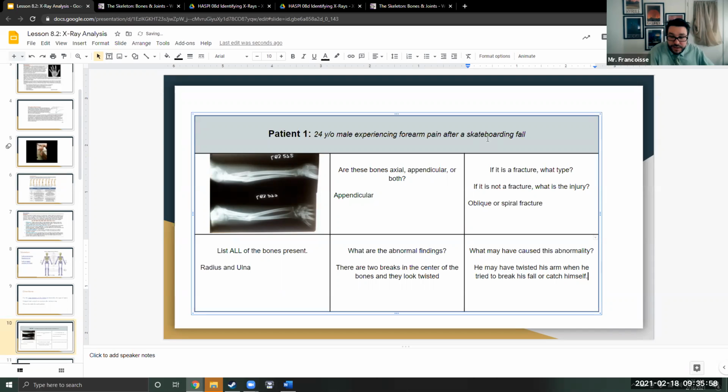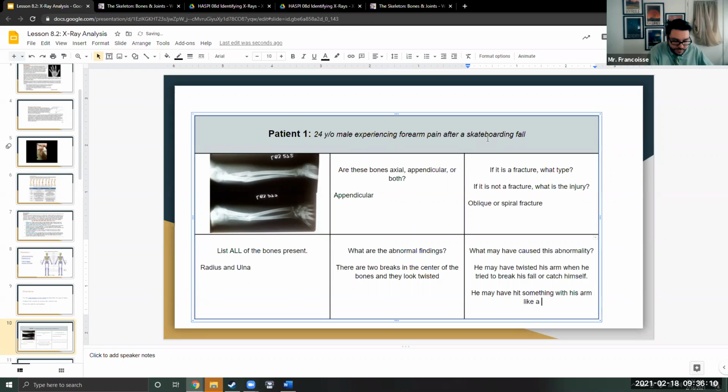Falling on his arm, he may have hit something with his arm, like a curb or something, a planter, or concrete. I'm figuring he's going to be skating maybe at a skate park or on a street or something like that.